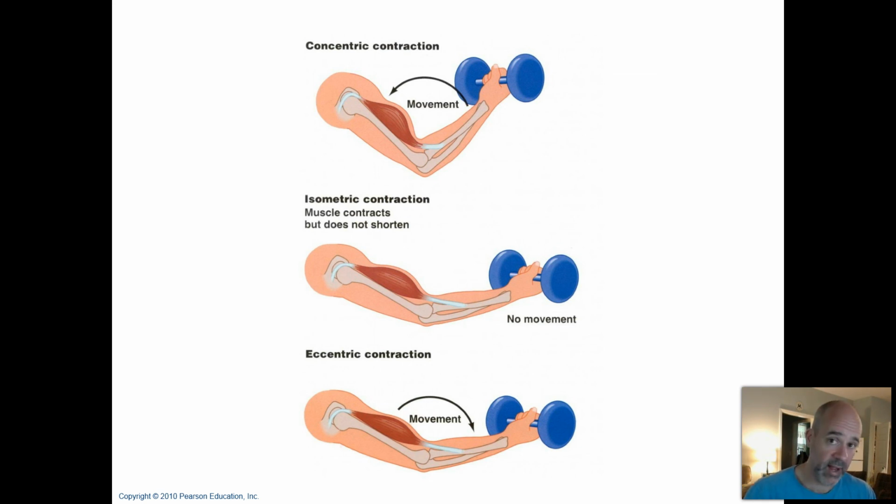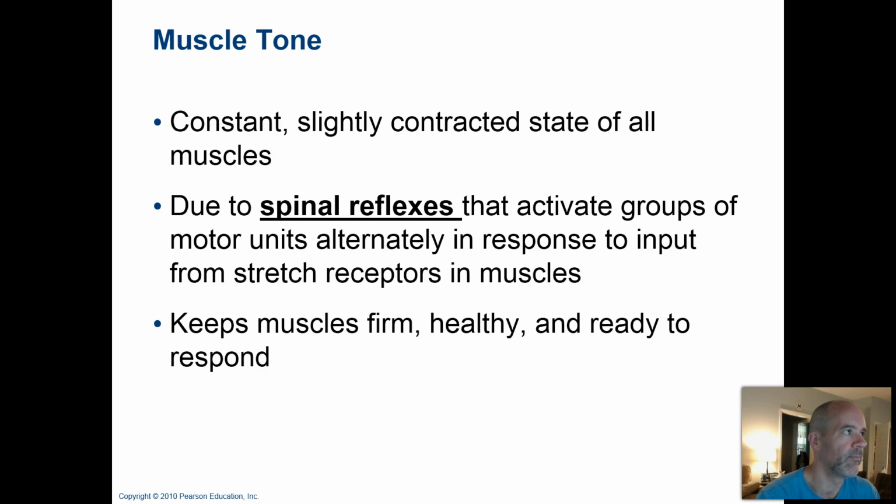That suffix of isotonic, the tonic here, before we've heard that with tonicity, with solute concentrations in your body fluids, and here it's actually referring to tone in the muscle. And so what do we mean by muscle tone? Your muscles have a constant, slightly contracted state.